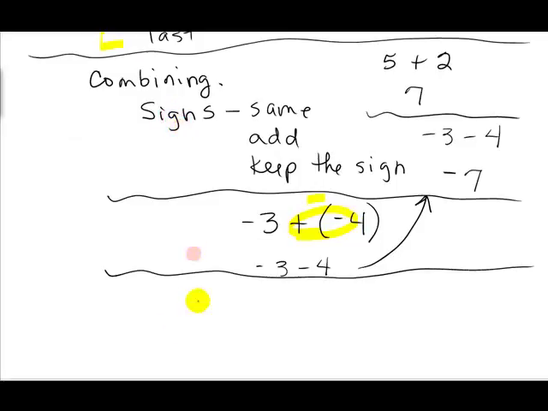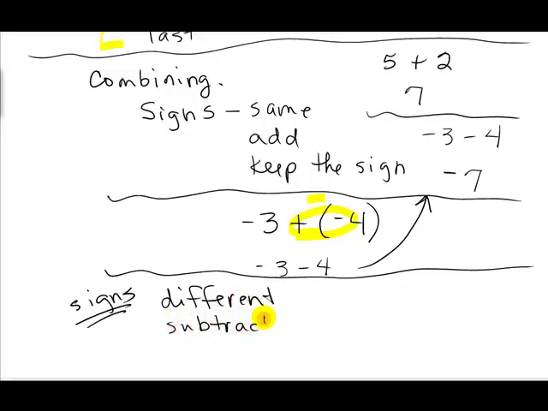If our signs are different, so we're looking at the signs, if they are different, we will subtract. And we have to choose or take the large sign. So again, if you had 5 minus 2, been doing this since first grade, that's positive, this is negative.